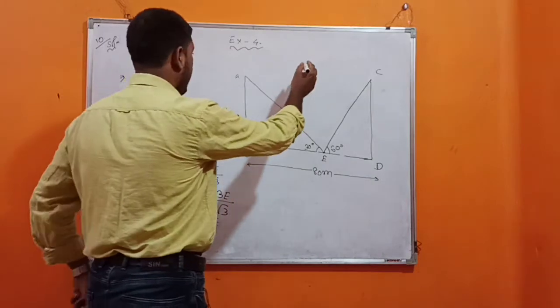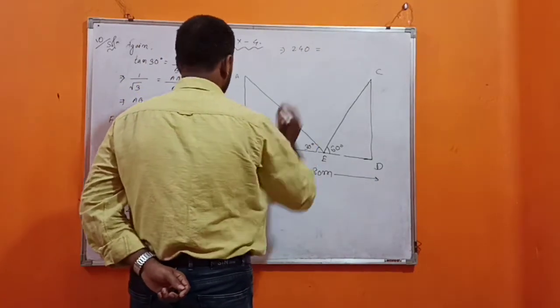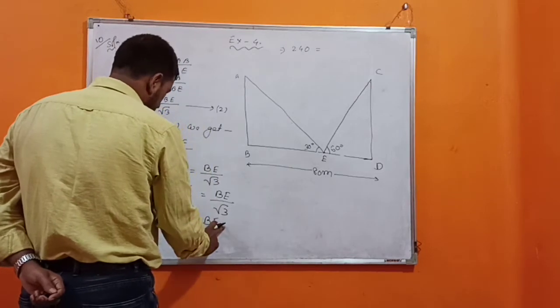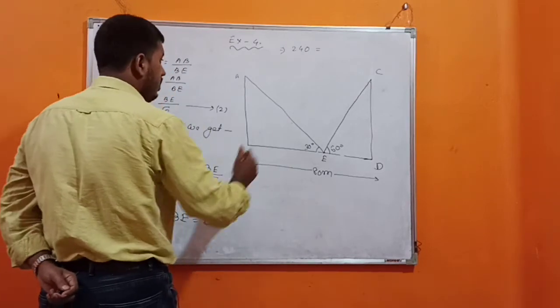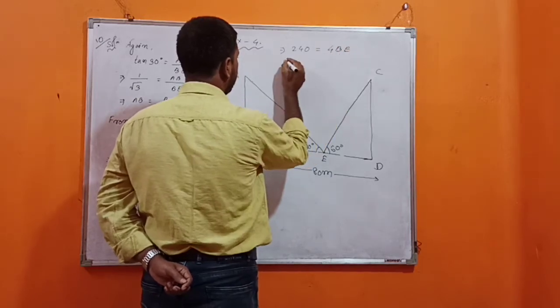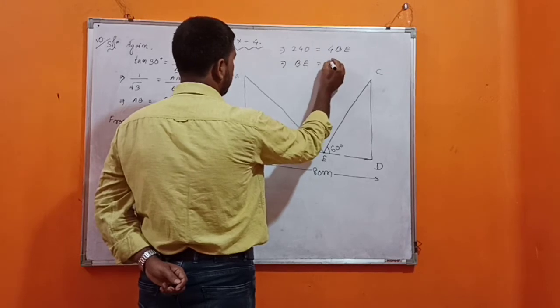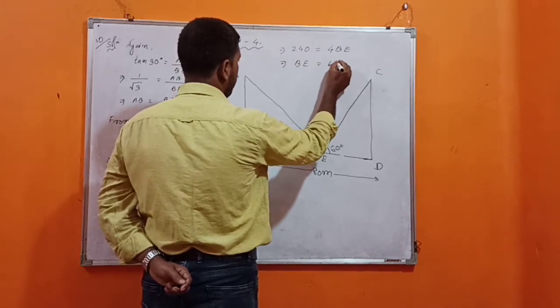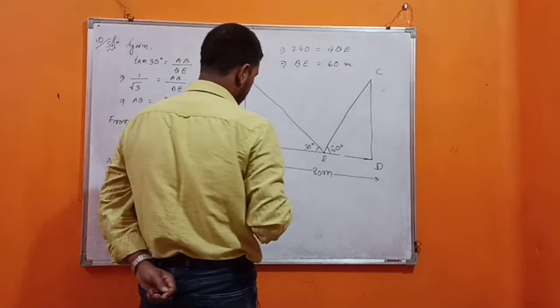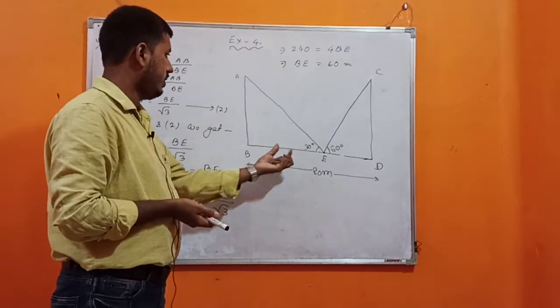So 240 equals 3 BE plus BE, which is 4 BE, and BE will be 240 by 4, which is 60 meters. The value of BE we have got is 60 meters.